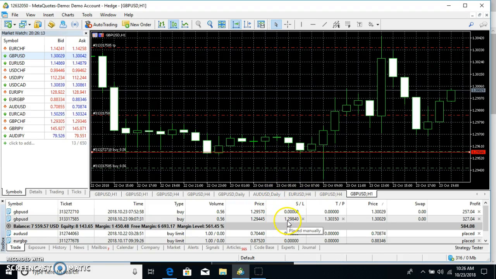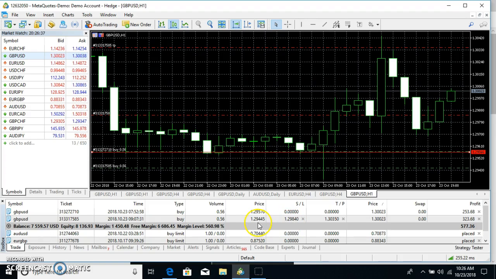And here, I just changed the take profit to 1.35 because I believe it's going to hit stop in this area. And then I moved up my stop loss to 1.2984.